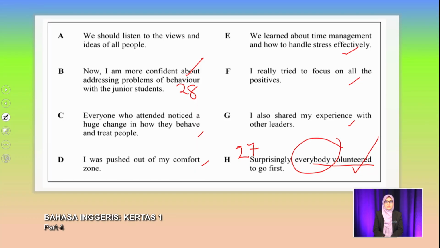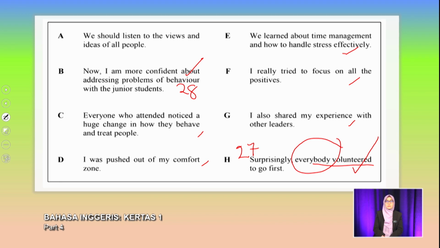Which one is the most possible answer for number 29? Is it A, where we are talking about listening to views and ideas of people? And then C, talking about what they get from the activities, which is a huge change in their behavior.